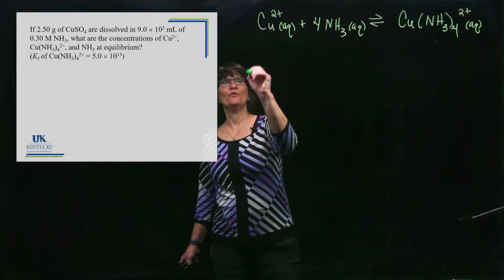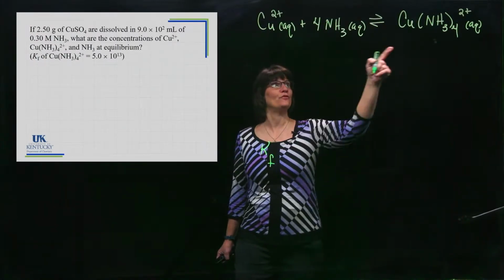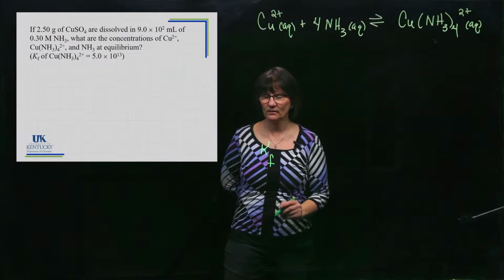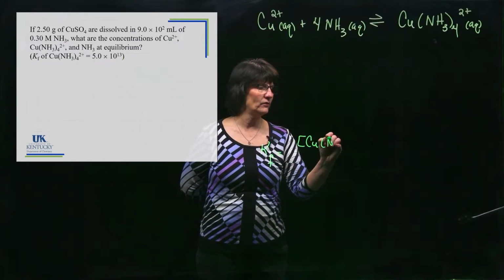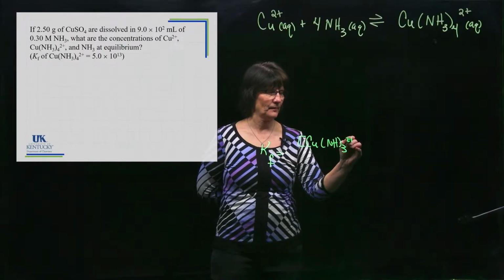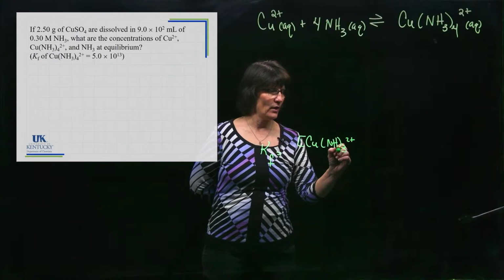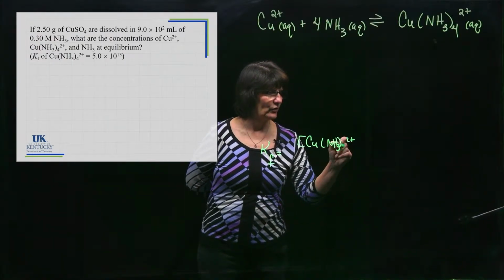Now I'm going to leave room for a table, and I'm going to go ahead and write the K, and it's an F because we're forming. The name of this would be the copper ammonia complex. Why did I put a 3 there? I have no idea. The 3 is supposed to go there, and a 4 is supposed to go there.